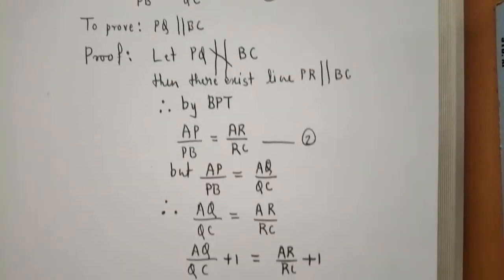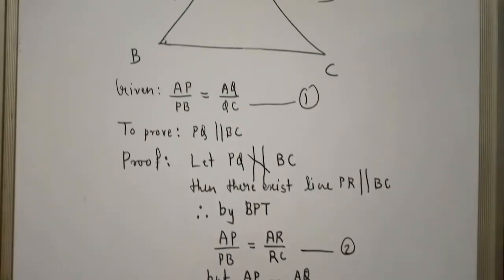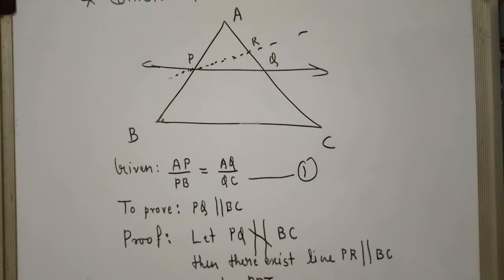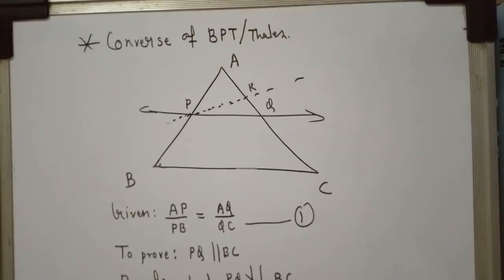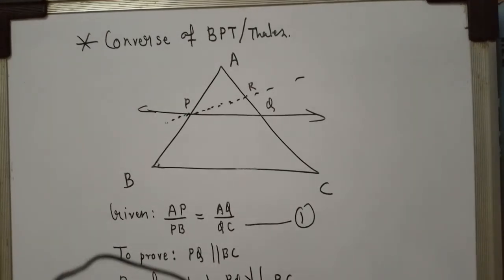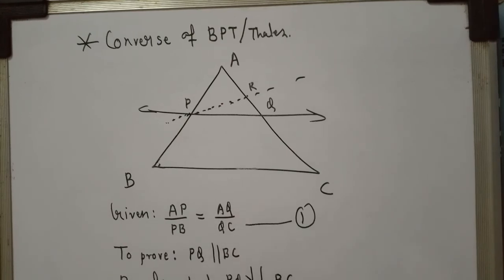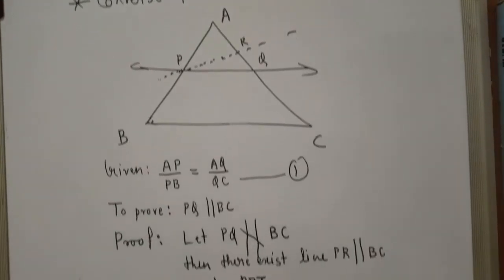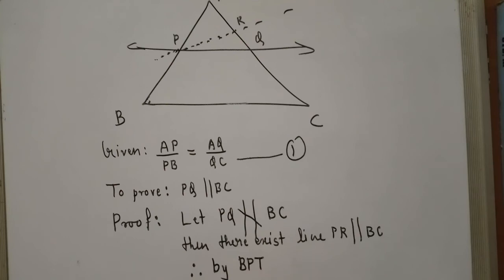Let's quickly revise what we have done. This is the converse of BPT, and as per the statement, if a line divides two sides in the same ratio, then that line is parallel to the third side, which means if AP upon PB equals AQ upon QC, then we have to prove PQ is parallel to BC.